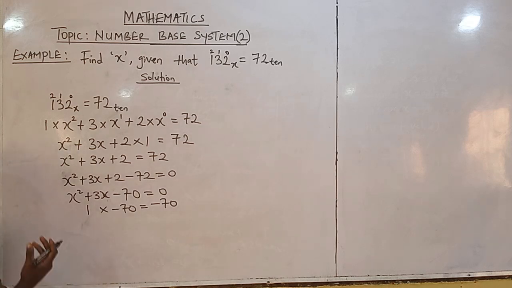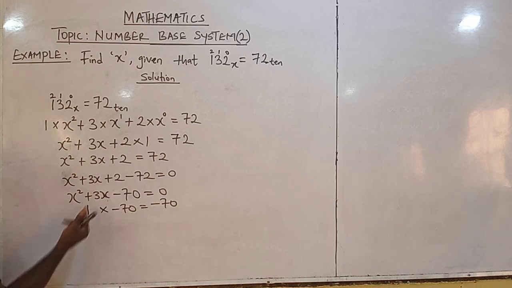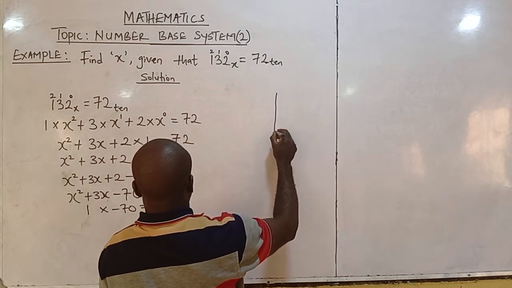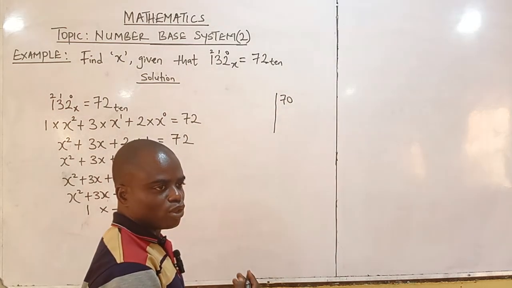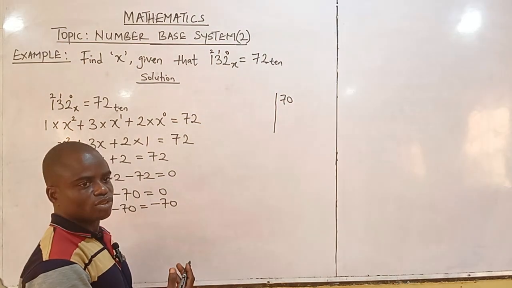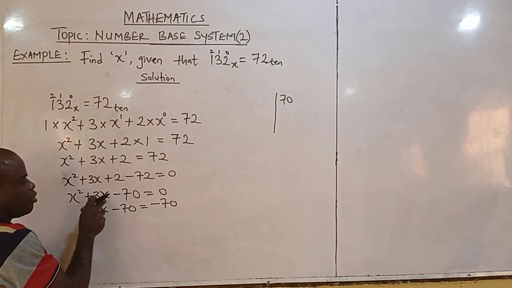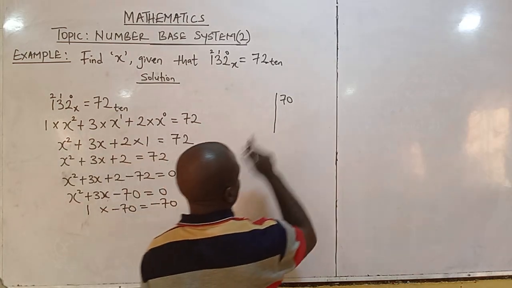Now think of two numbers that when you multiply those two numbers together, it will give you minus 70, and when you add them together, it will give you the coefficient of x, which is 3. Now let's get that. 70 will be here. As you are dividing, make sure you are observing what are the numbers to join together to multiply. That will give you minus 70, and when you add it together, it will give you plus 3, which is the coefficient of x.